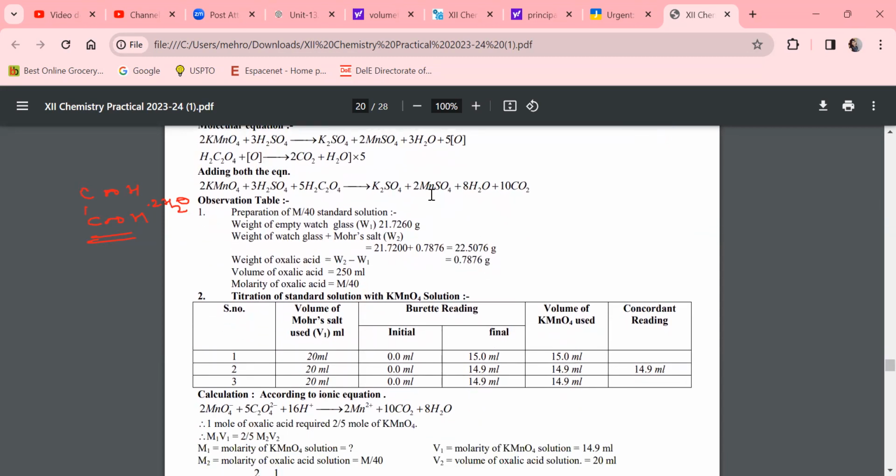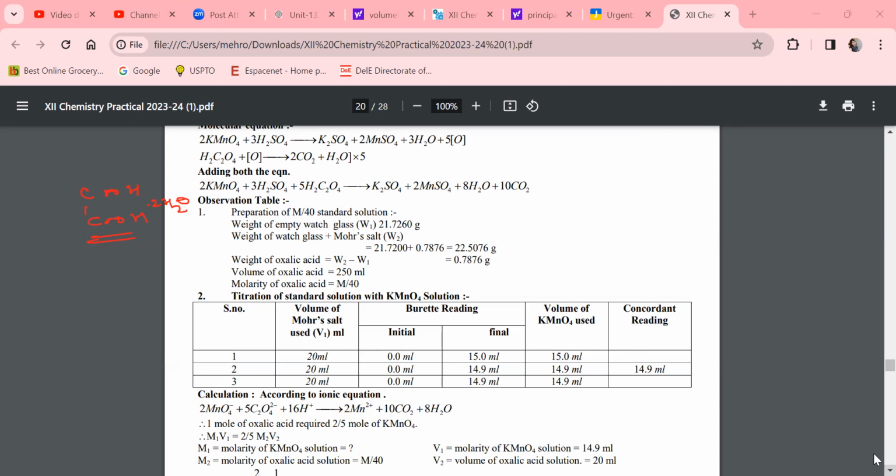In the case of acidic medium, KMnO4 is in the +7 oxidation number, and when it changes into MnSO4, its oxidation number becomes +2. It is in the acidic medium.